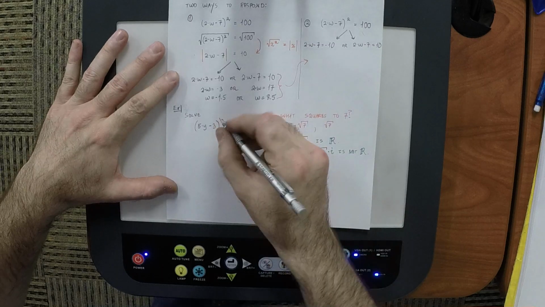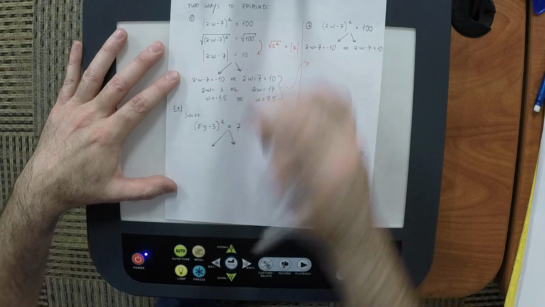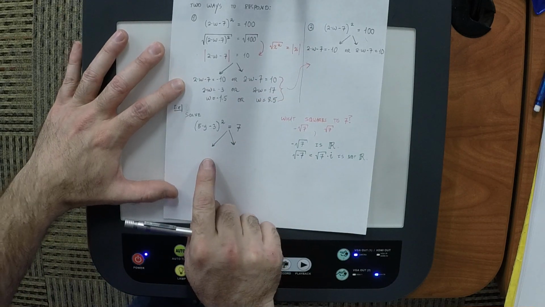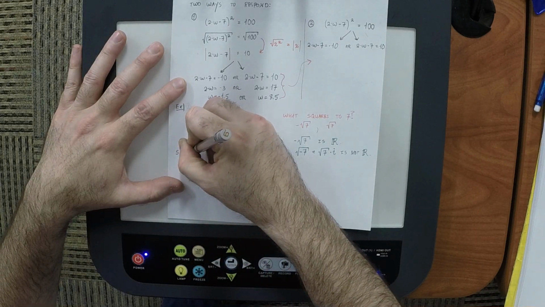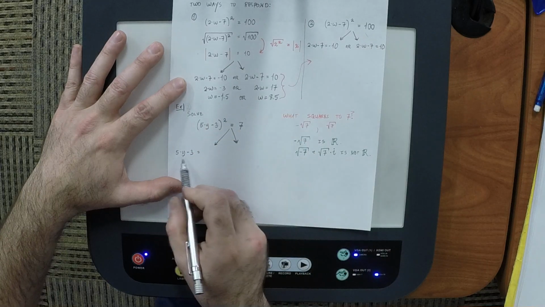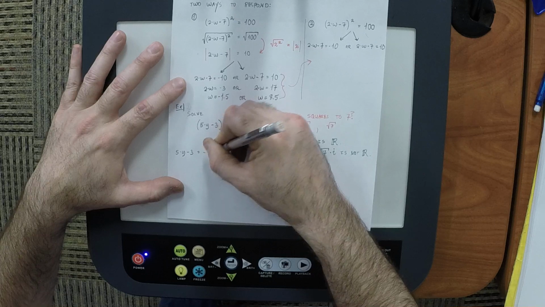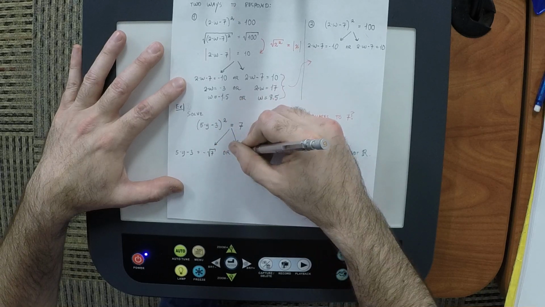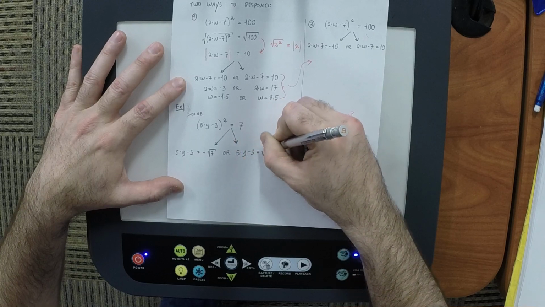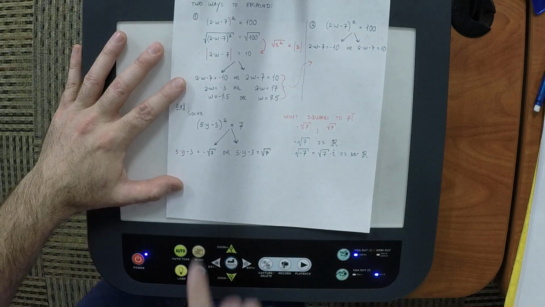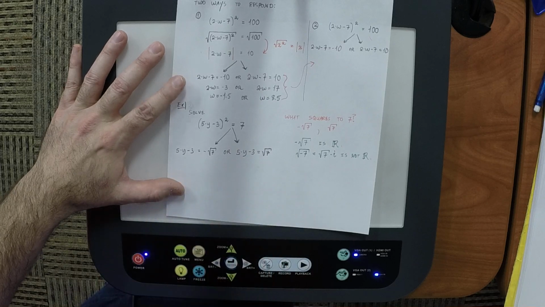Okay, so for this equation, there's two possibilities. So this one splits into two pieces. What's one of the possibilities? Right, that 5y minus 3 is one of the square roots of 7, the negative one, or 5y minus 3 is square root 7. Two possibilities. And now you just solve it in the normal way.